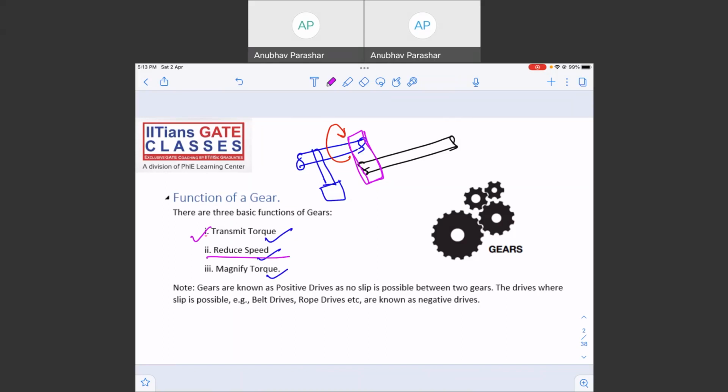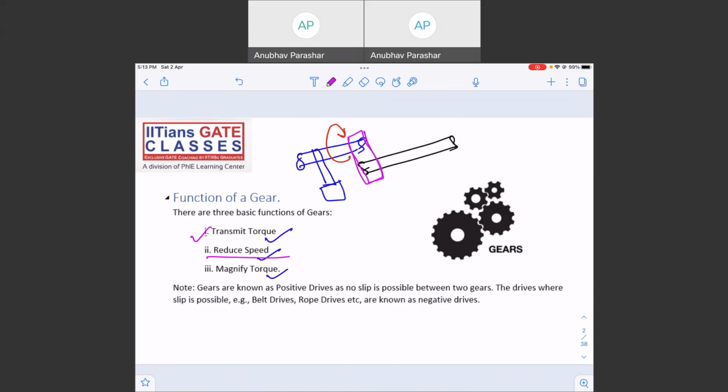Similarly, we can reduce speed. How exactly are we going to reduce speed? In most engines or turbines, for example your IC engine, or your gas turbines, or even steam turbines, right?